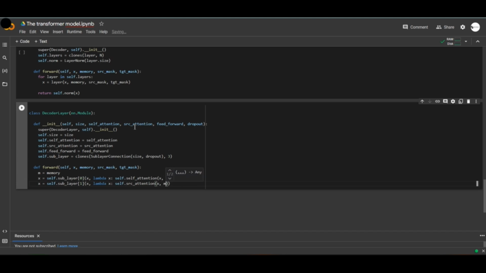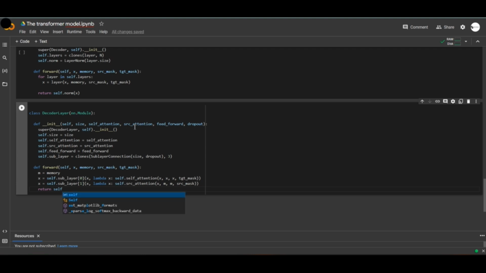Then we say X, memory, then source mask, because there are certain things we don't want the decoder to see. Now we take the last layer, which is the feed forward. So we say self.sublayer 2, X, which is self.feed_forward.